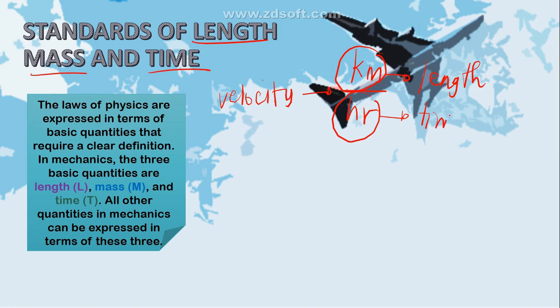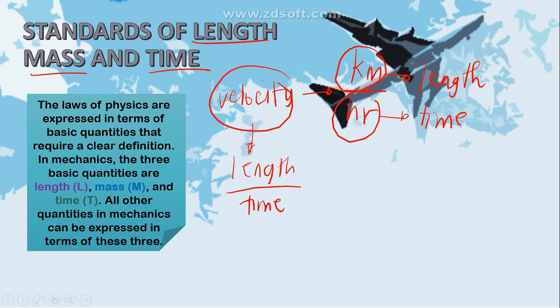So taking from this unit, velocity is equal to length divided by time. These two are basic quantities. All other quantities like density, speed, and acceleration are also based on these three basic quantities.